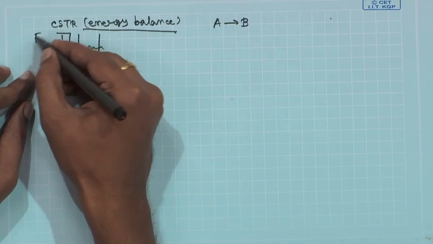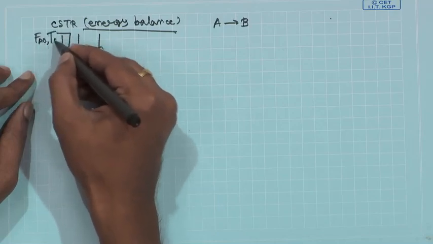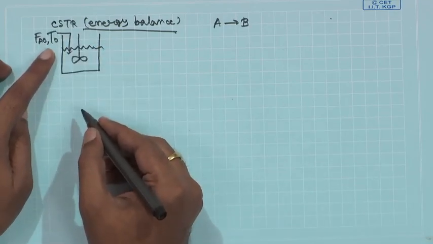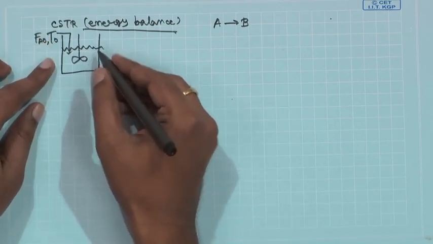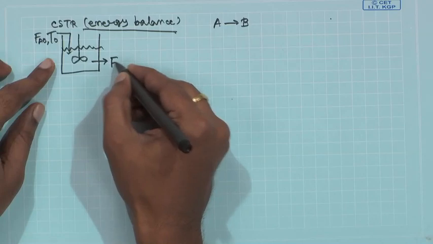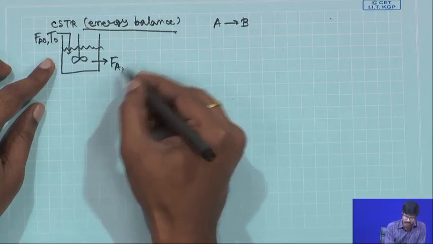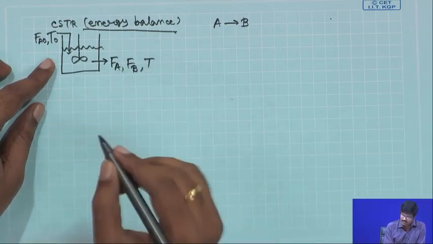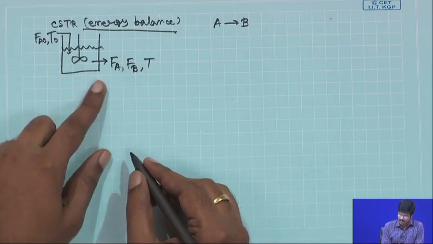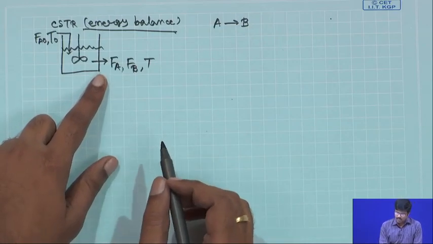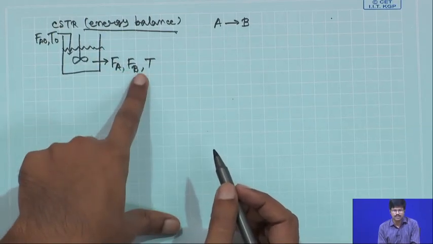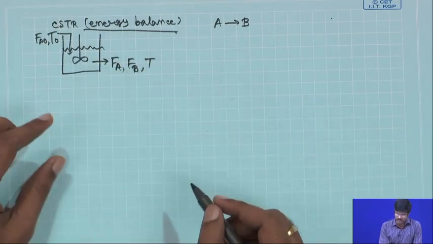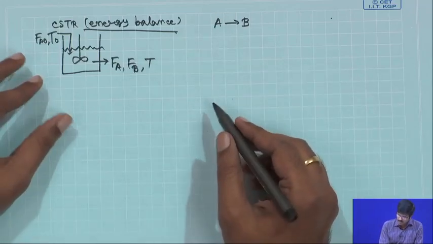This is your input Fa0, and T0 is the temperature of the reaction mixture at the inlet, and this is what you have at the outlet: Fa, Fb and T. You put in A and B is also formed. So, A and B both are there because the conversion is not 100%.